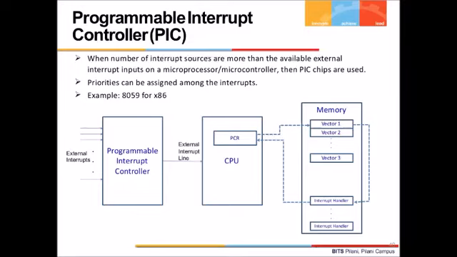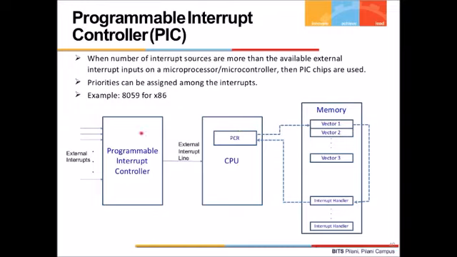Obviously, it will have its own registers to identify which interrupt has occurred. Correspondingly, in memory there will be interrupt vector addresses in the form of an interrupt vector table for each of these interrupts. So when an interrupt comes, the CPU jumps to those vectors as per the interrupt which has occurred.